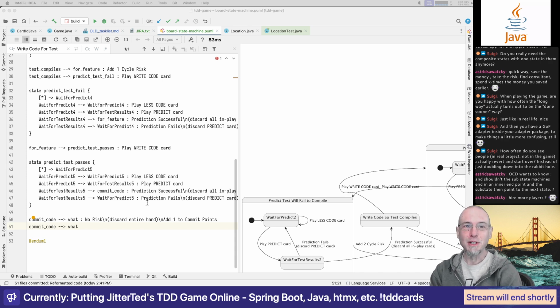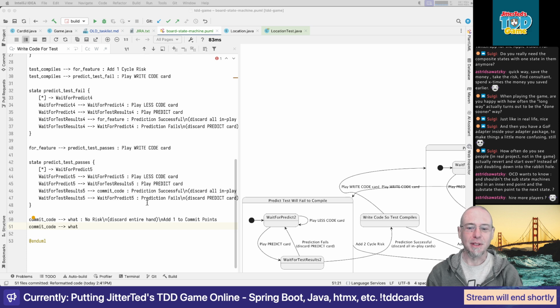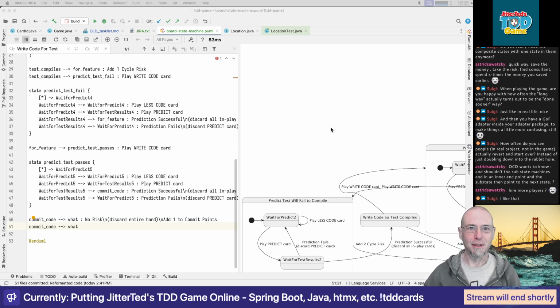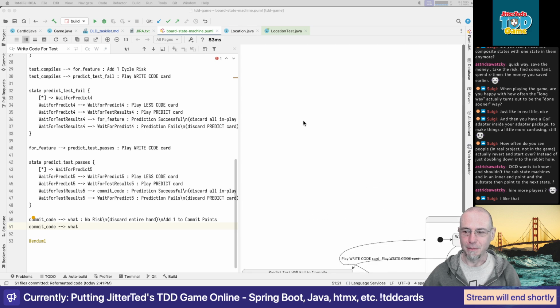There are some interesting variations that people have come up with, which has been a lot of fun. Shouldn't the substate machines end in an inner endpoint and then the substate point to the next state? Yeah, I don't know.